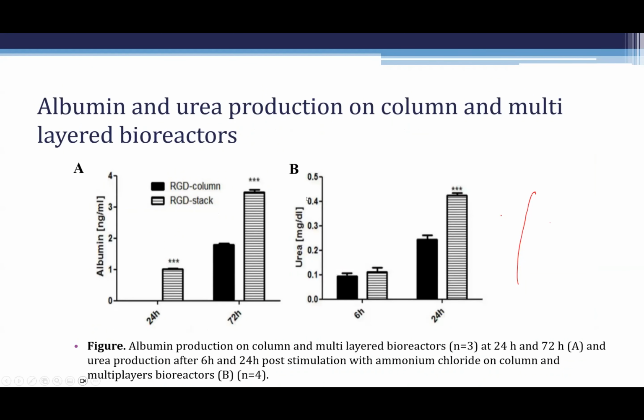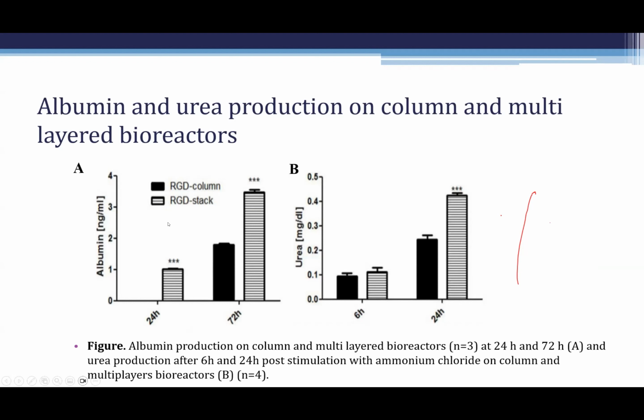What we looked at was the performance of the cells inside this device. We looked at albumin production and urea. Different gels have been produced to attach the cells to the cryogels. An RGD modified column has also been used.